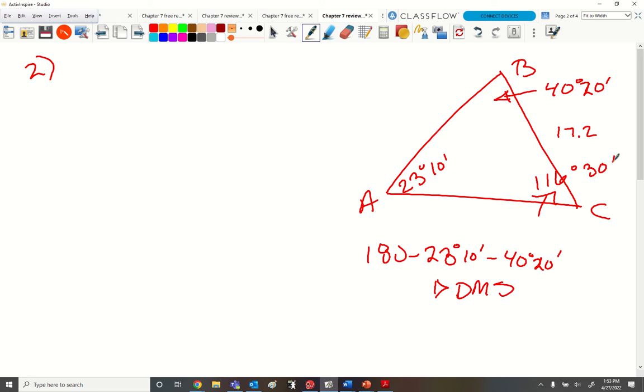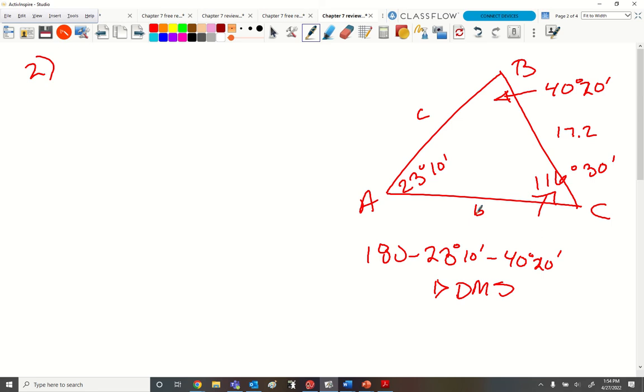Longest angle, longest side. So that means little c has to be bigger than everything else, right? Little c has to be the largest. And after that, it has to be little b, and then little a is last.